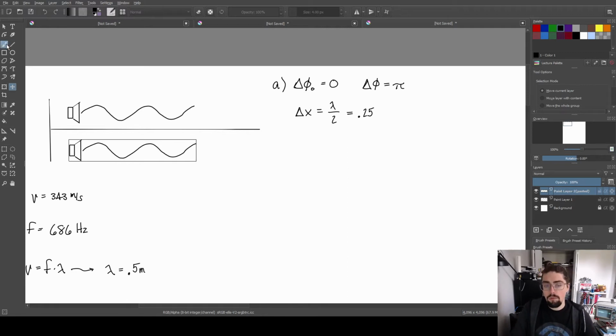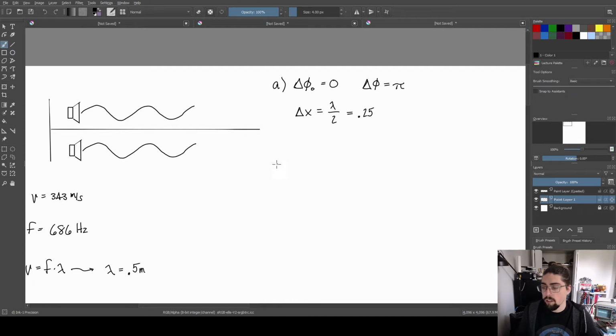We know that if we want destructive interference, our phase difference must be pi. Or better yet, it doesn't have to be pi necessarily. It's got a small variety of things it could be, right?